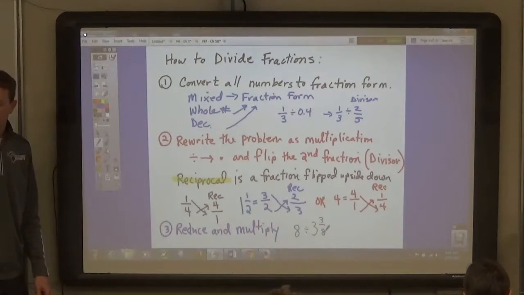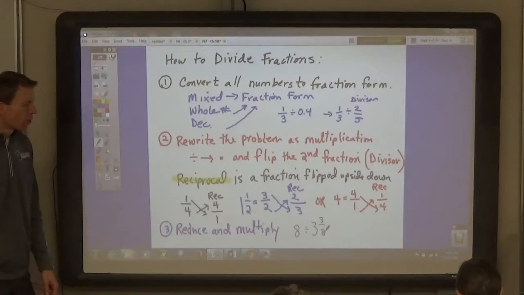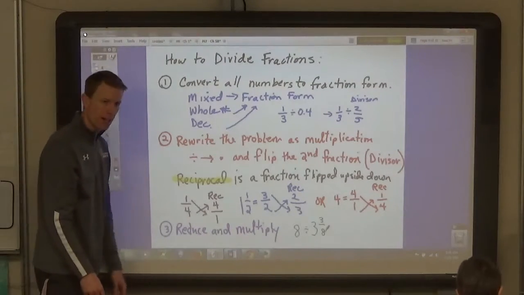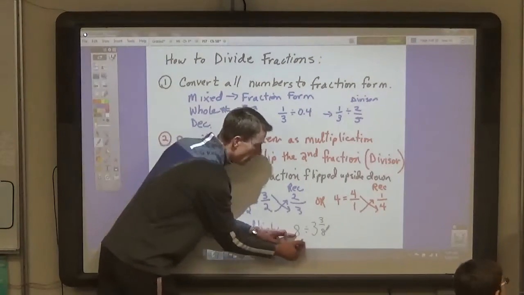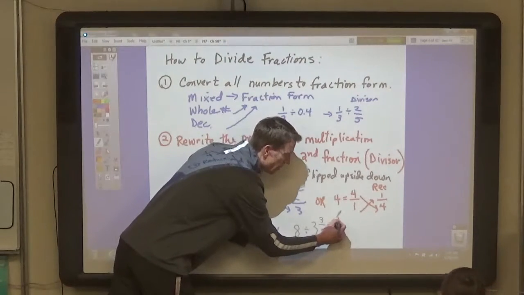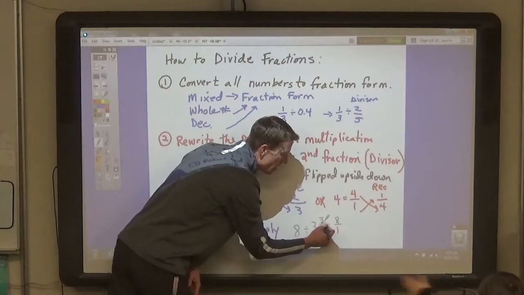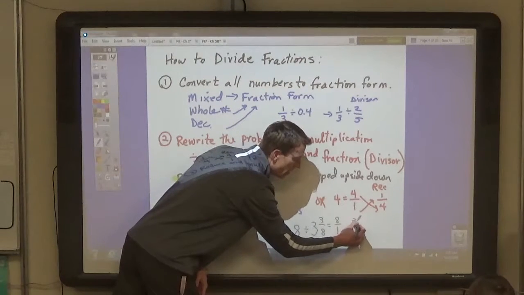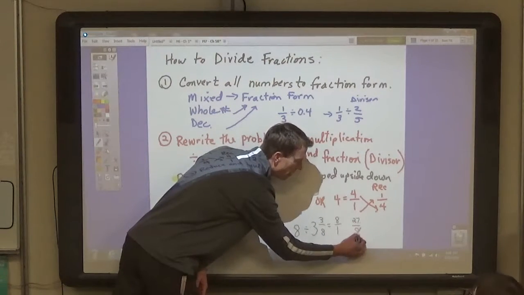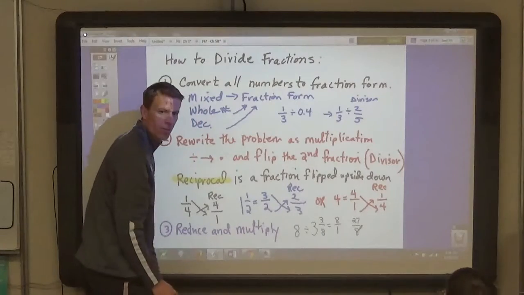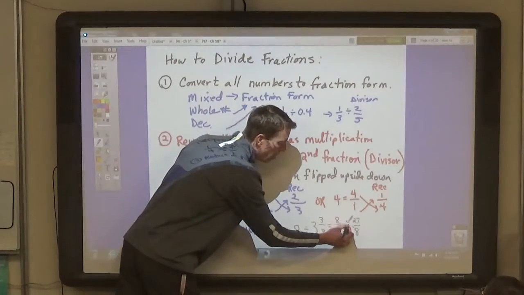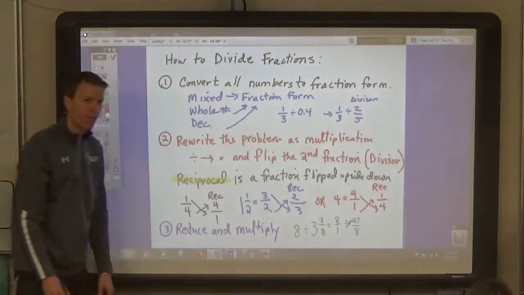You first have to rewrite them as fractions, so we know that this is 8 over 1, and this is 27 over 8, okay? But instead of multiplication, we have division.